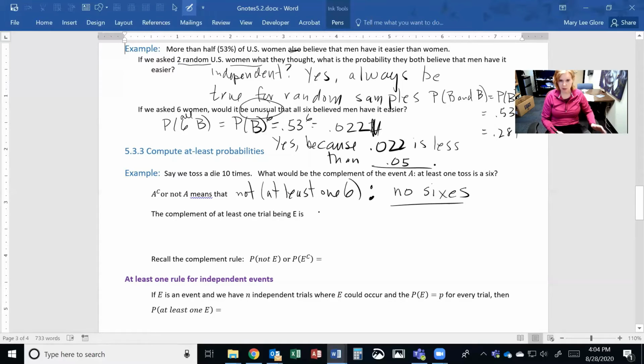The complement of at least one of any E is that none are E. So none of the trials are E. Another way we can write this: at least one E, that event, and then take the complement of it, is this event, none are E.